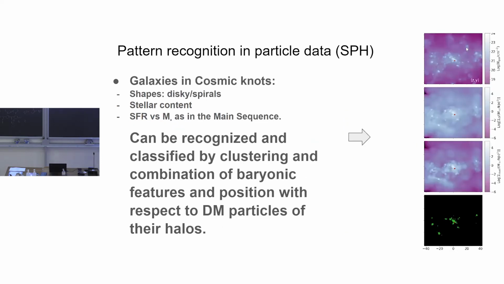Second question, if you can recognize high level, large scale structure, can you go inside, recognize cosmic galaxies, recognize their shape, stellar content, their star formation rate, etc.? So can you tell me in which part of my main sequence the galaxy that you focused on is placed?